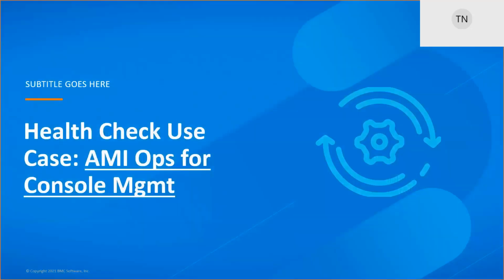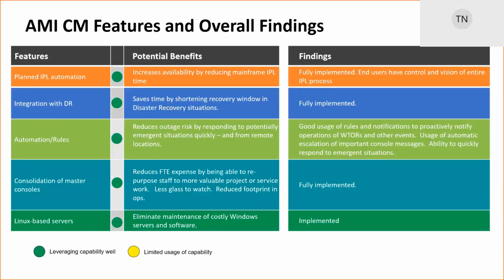Okay, that was DB2. Let's take a look at what an AMIOPS for console management health check portion would consist of. Just like before, these templates are going to look familiar. It starts off with console management features, benefits, and findings. For instance, one of the features is planned IPL automation.